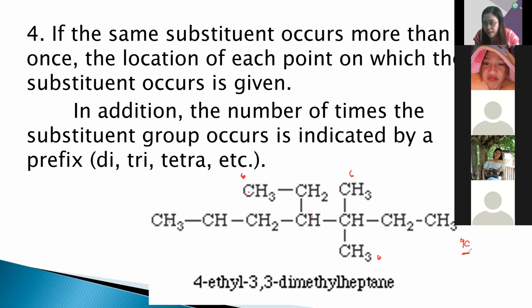So, pipiliin natin yung pinakamarami. So, our parent chain will be this straight chain. So, 7 yon. That is why, pag 7, prefix natin is, ano nga prefix natin? Hept. Okay, very good, Emma. That's heptane.